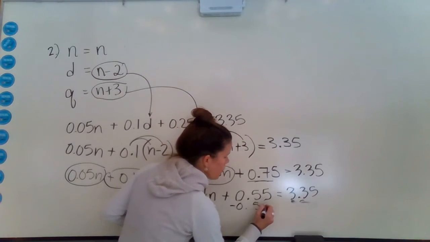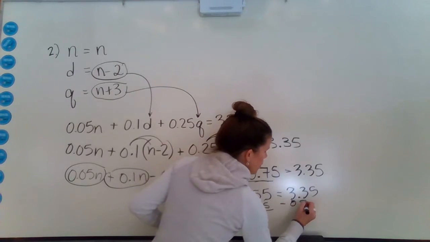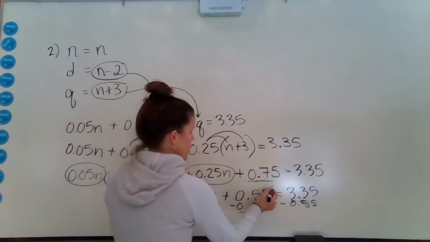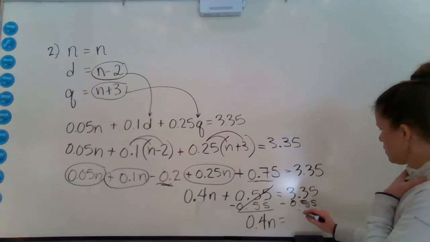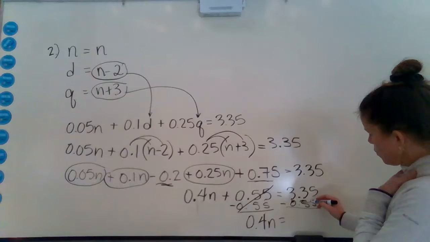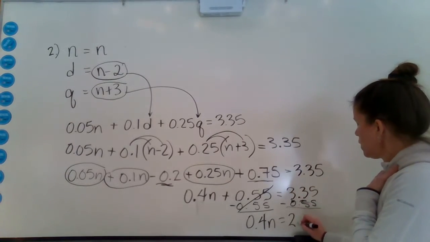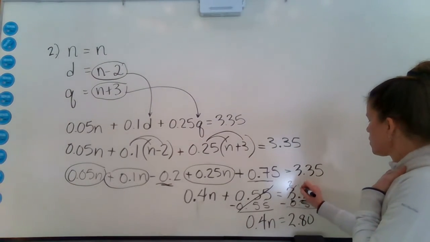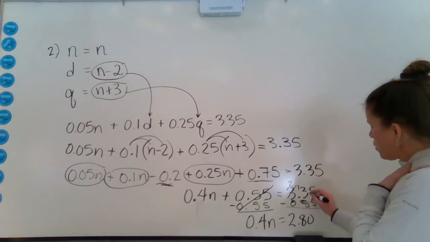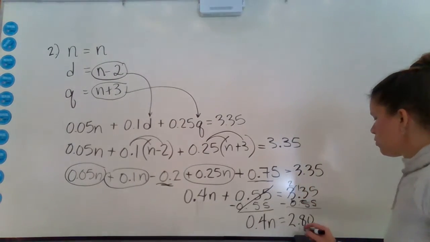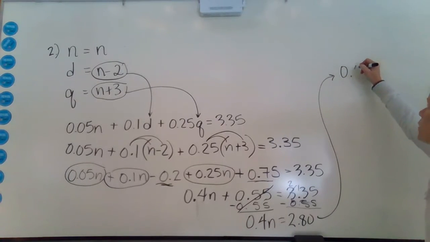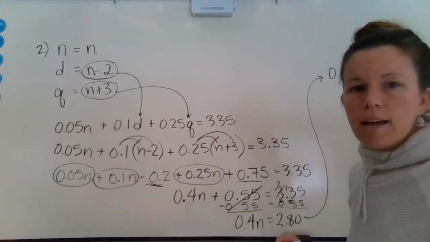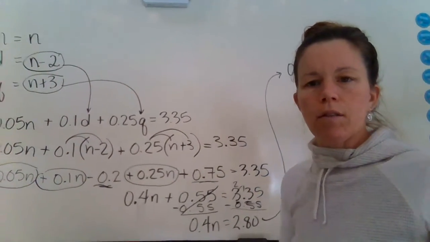Minus 0.55, minus 0.55, so these cancel. I have 0.4n equals, what is this? 280. Did I do that right? If we borrow, yep, 5 minus 5 is 0, 13 minus 5 is 8, and then a 2. Great. I'm going to take this up here because I ran out of space. I have 0.4n equals $2.80.